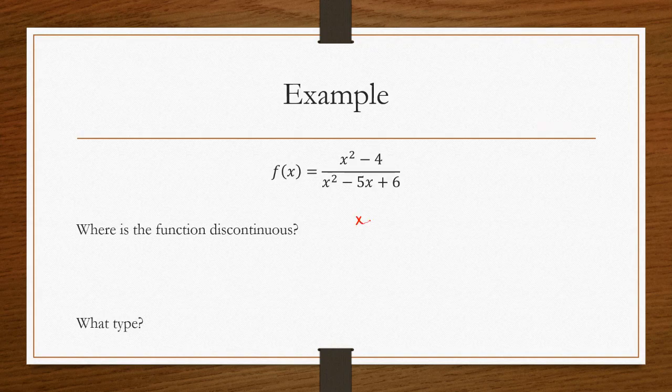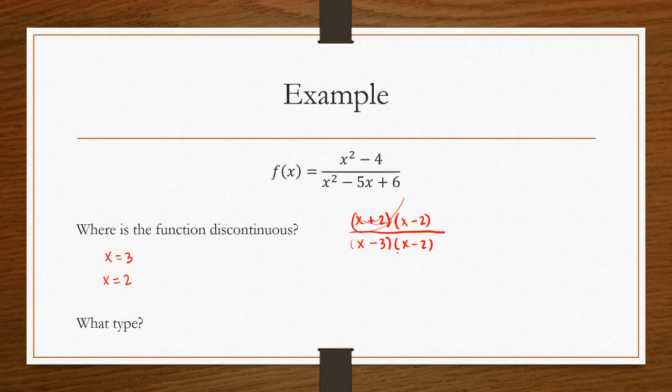So x squared minus 4 is a difference of two squares, which is x plus 2 times x minus 2. And then the denominator would be x minus 3 times x minus 2, I believe. So if I look at that function, I'm dividing by 0 at x equals 3 and at x equals 2.